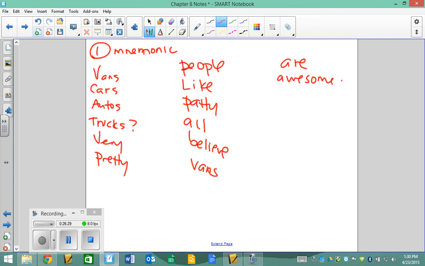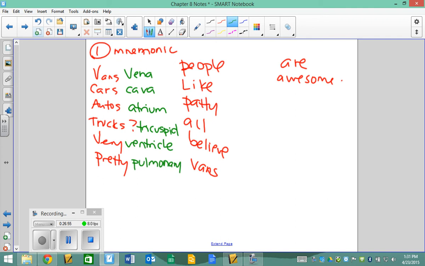I'll show you what the letters represent for me. The V and the C are vena cava. The A is an atrium. The T is for tricuspid. The V, ventricle. The P, and there's a few P's in a row. The first P is for the pulmonary semilunar valve.